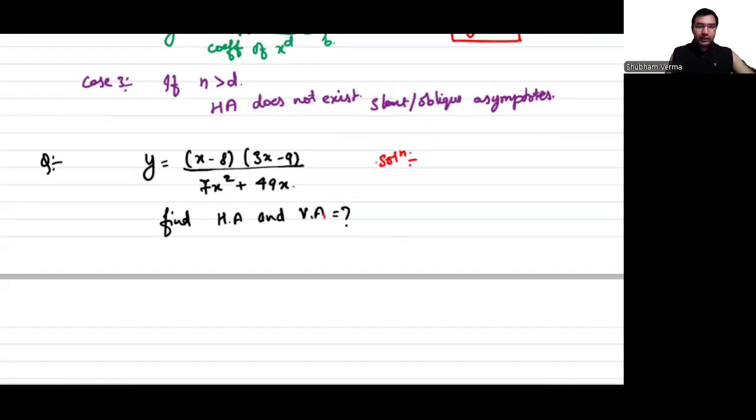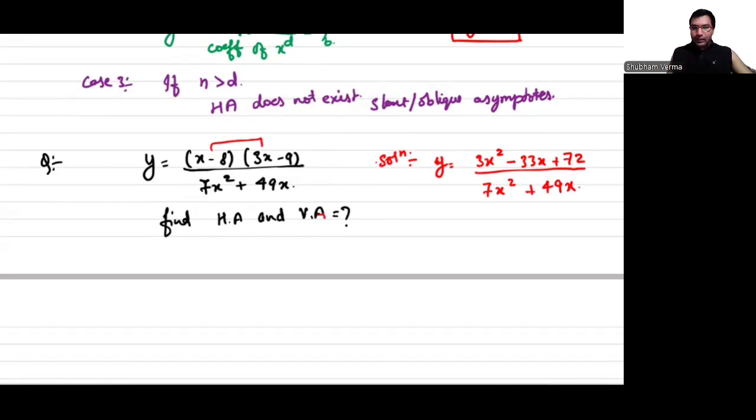First, let's start with the vertical asymptote. Okay, first thing is to factorize it. So can I clearly say my y over here is basically 3x square, so it becomes 3x square minus 33x plus 72, if you simplify these two, multiplication, over 7x square plus 49x.